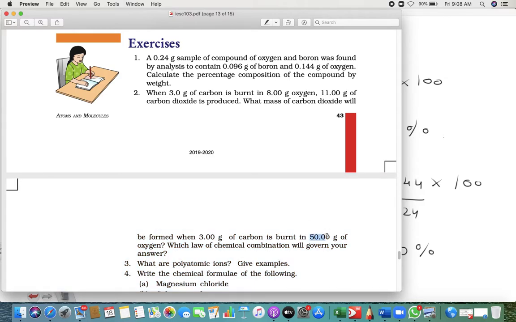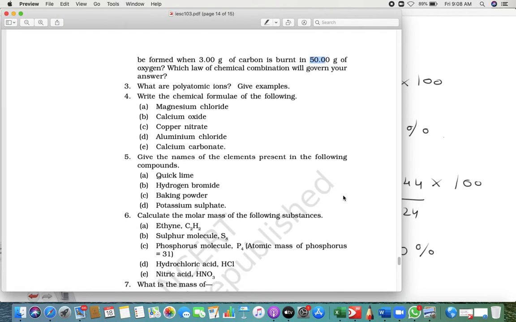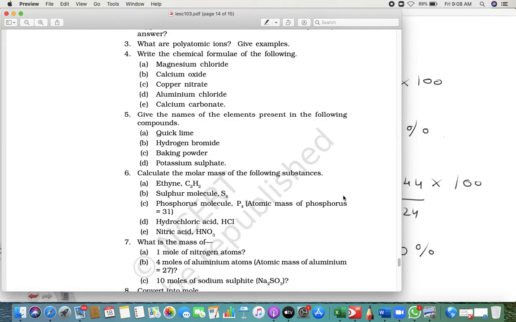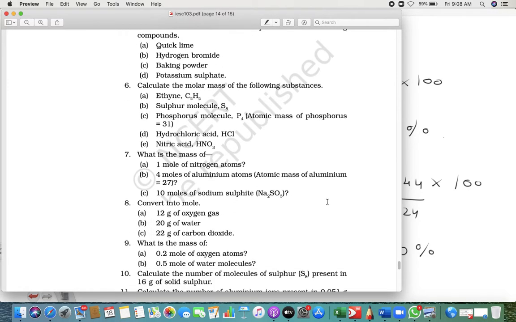So what is the remaining oxygen? 42 gram of oxygen remains inactive. So what law? We learned two laws. So this is the law of constant proportion. Then there are certain chemical formulas and all that, the solutions I am going to provide you. Let's see question number 7.